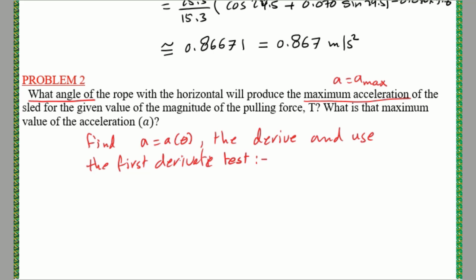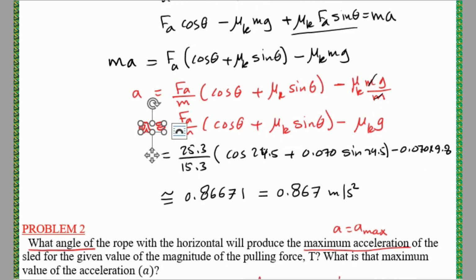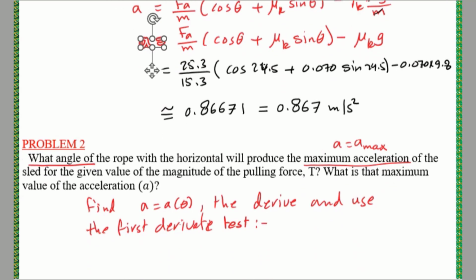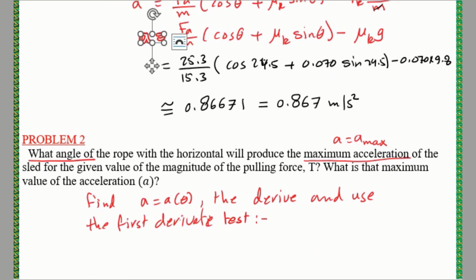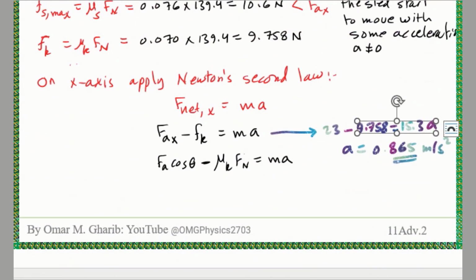Now the acceleration as a function of theta, we produce it here. A equals Fa over m cosine theta plus mu k sine theta minus mu k g. So this is why we solve question number 1 by this procedure, not by numbers as I mentioned here. Okay.